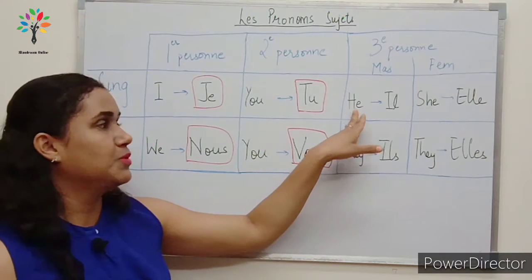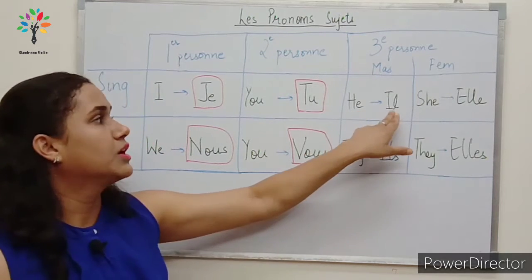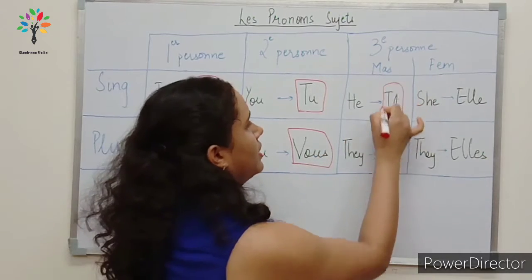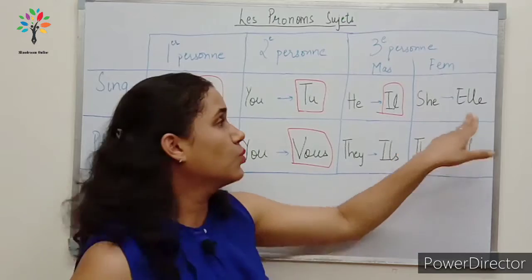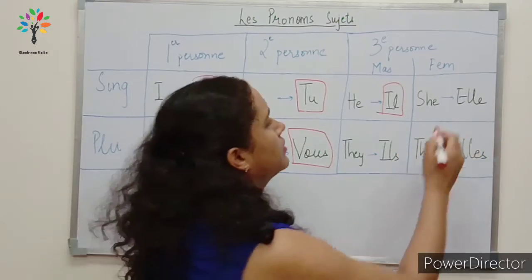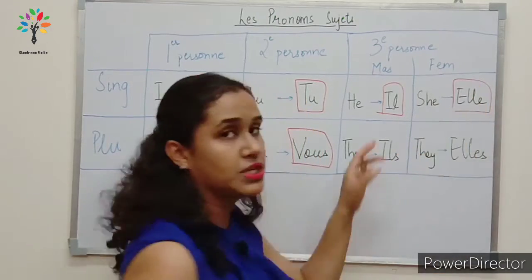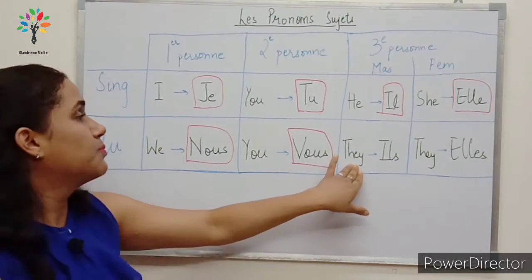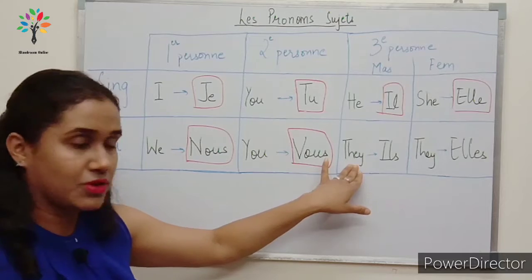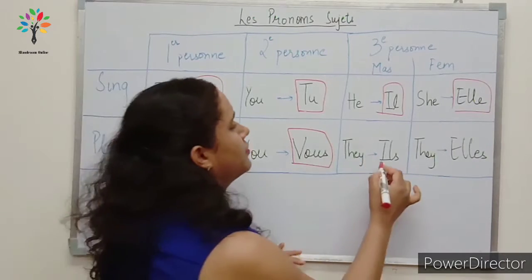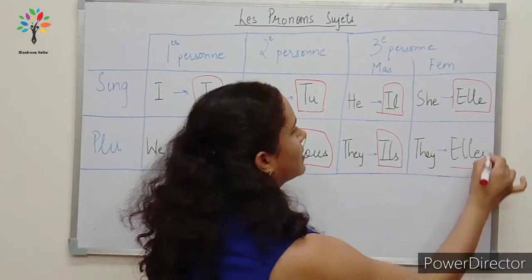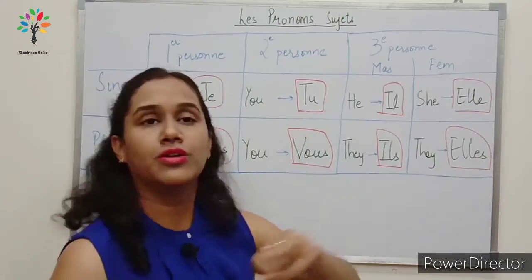It can be masculine, he, which becomes il in French, or feminine, she, which becomes elle in French. In the plural, the third person plural becomes they, so we have ils in French for masculine and elles for feminine.